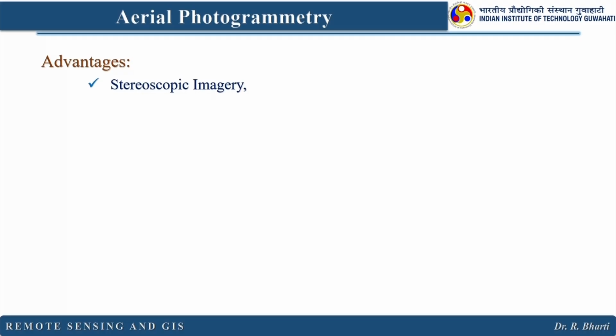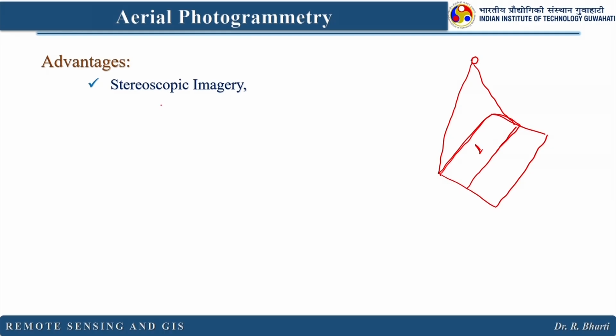So let us understand the different advantages and disadvantages of aerial photogrammetry. The first advantage of aerial photogrammetry is stereoscopic imagery. So what do we mean by stereoscopic imagery? For the same ground, suppose this is the target, then in the first acquisition you have covered maybe this much area, like half of your study area. So this is the first scene.